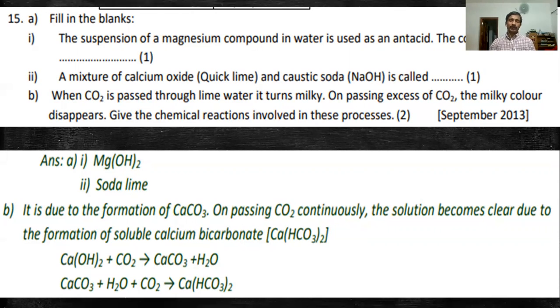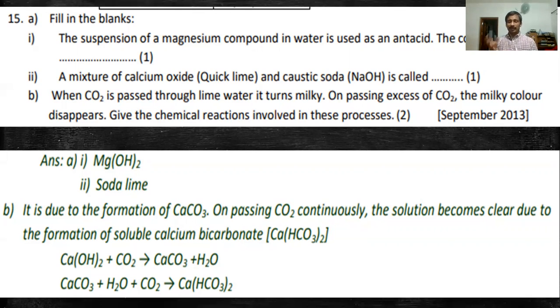When CO2 is passed through lime water, it turns milky. Lime water is calcium hydroxide. When carbon dioxide is passed through calcium hydroxide, that will form calcium carbonate, so it turns milky.